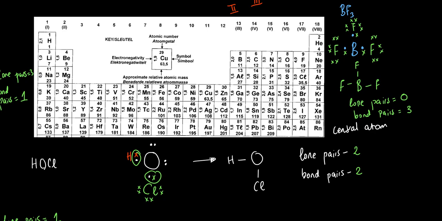Miss Uri, why do you think we have 0? Why do we have 0? It's because we focus on the central atom.